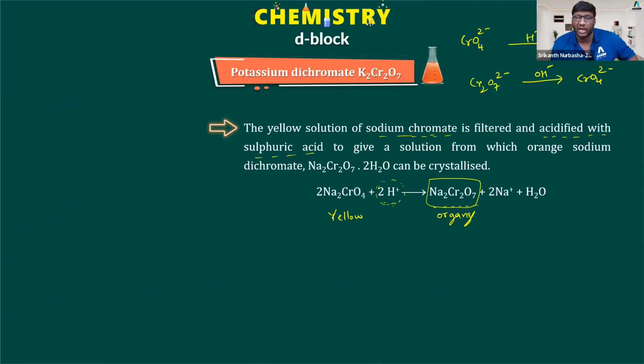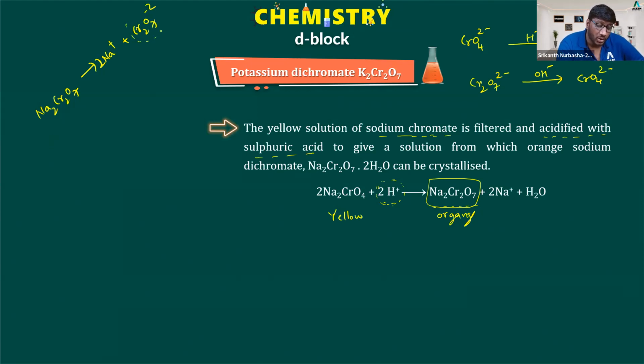You may ask a question, sir, why are you saying sodium dichromate and potassium dichromate both are orange, or why are you saying sodium chromate and potassium chromate both are yellow? Because if you look at the structures, Na2Cr2O7 will give 2 Na plus ions and Cr2O7 minus 2. Yes or no?